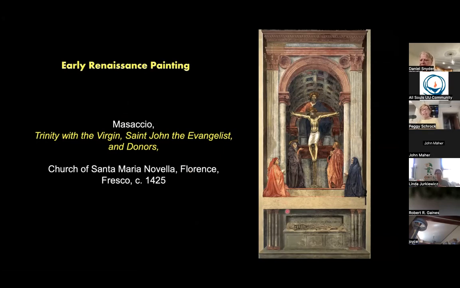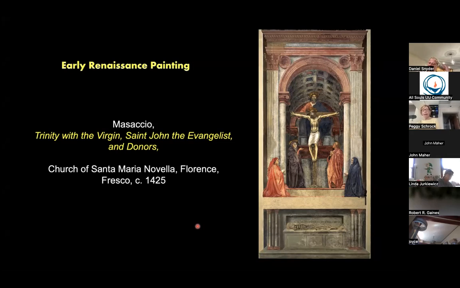And it's painted in such a way as to create the illusion of a niche in the wall of the church. And this is the earliest use we have of one-point linear perspective. Now, that doesn't mean it was the first, it's just that as far as we know right now, this is the earliest that we know.